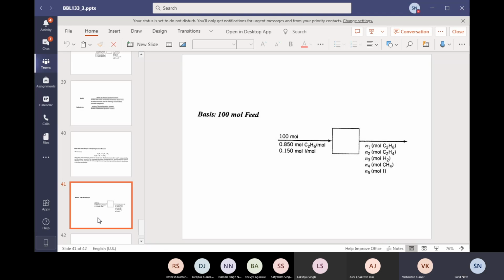From this we can find small f: 42.58 divided by 85 is approximately 0.5009 moles consumed per mole fed. So 0.5 is your conversion.